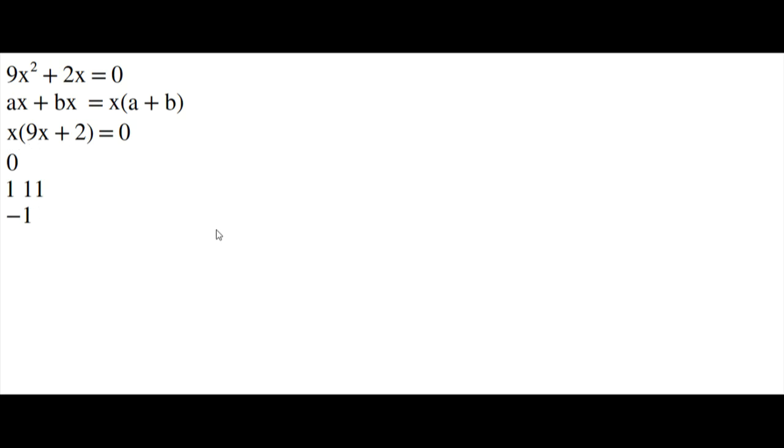Times negative 1, you'll end up with 7. So that's not it. And you go along with various numbers to test out whether whatever you plug in is going to give you the result or not.